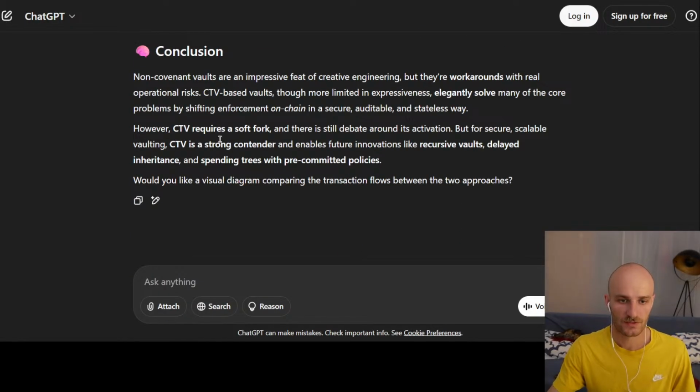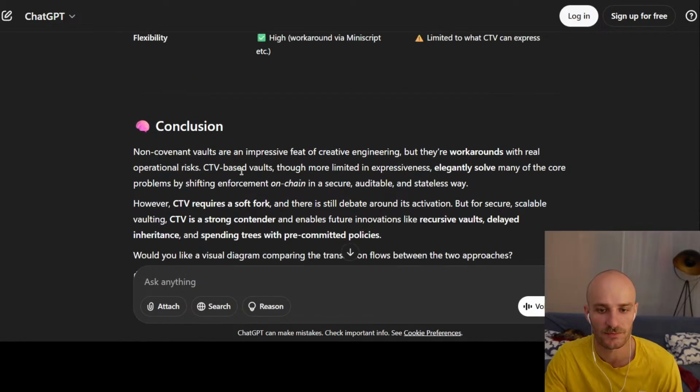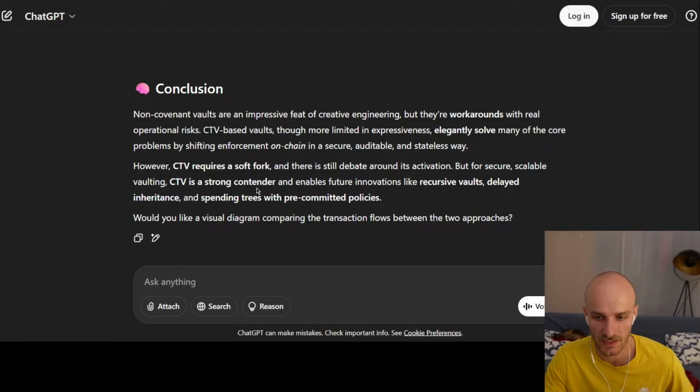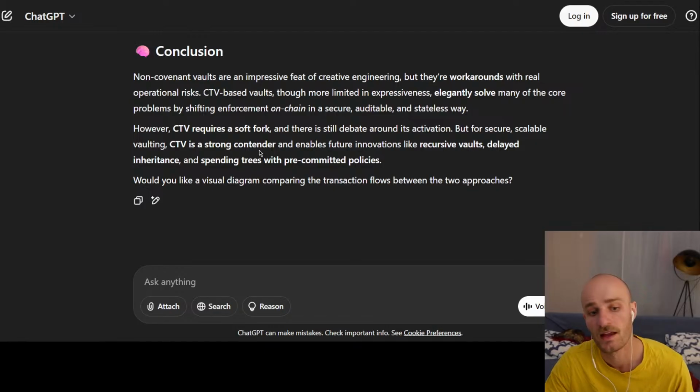So, non-covenant vaults are an impressive feat of creative engineering, but they are workarounds with real operational risks. CTV-based vaults, though more limited in expressiveness, elegantly solve many of the core problems by shifting enforcement on-chain in a secure, auditable, and stateless way. However, CTV requires a soft fork, and there is still debate around its activation.